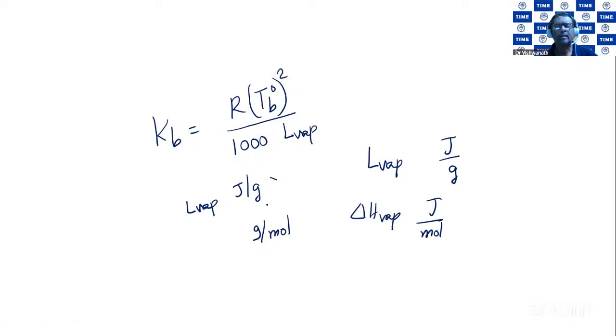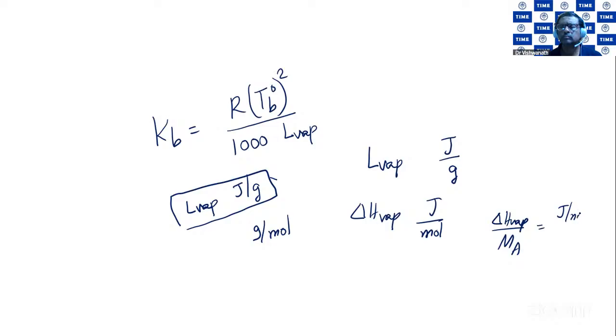So if I have joule per gram for latent heat of vaporization, the same thing I'll write as delta H vaporization by the molar mass of the solvent. So what is this? This is joule per mole. This is gram per mole. So this becomes joule per gram. Clear?